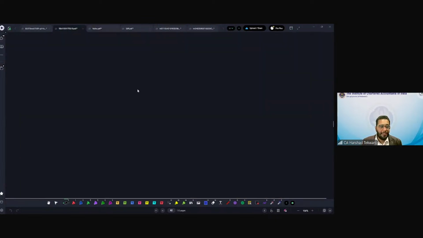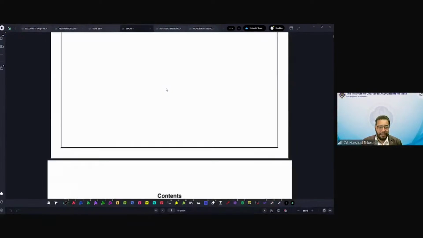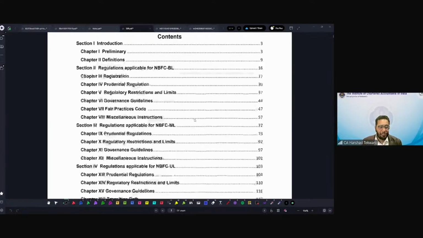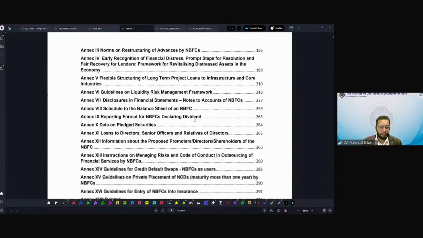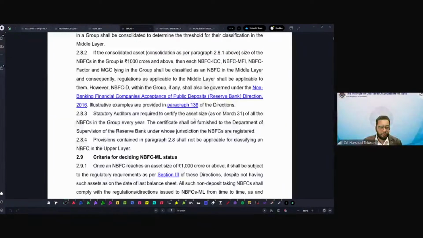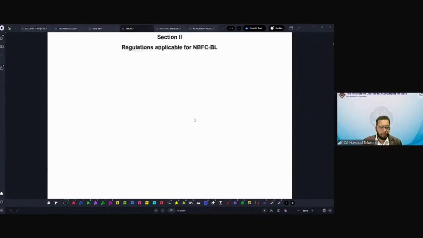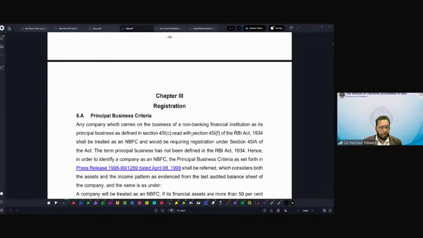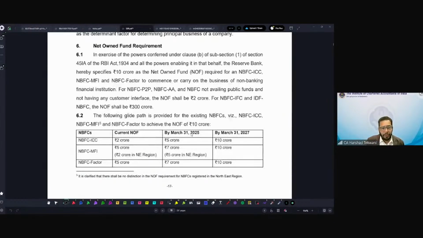So if I show you, these are the scale-based regulations that we were discussing. Now if I show you, there is a chapter in this, prudential regulations.